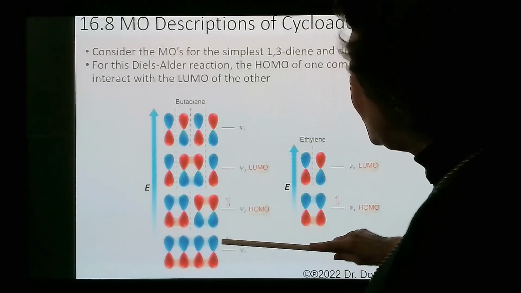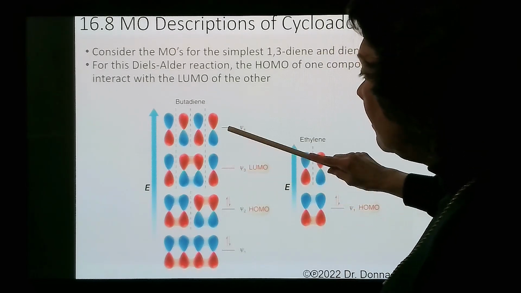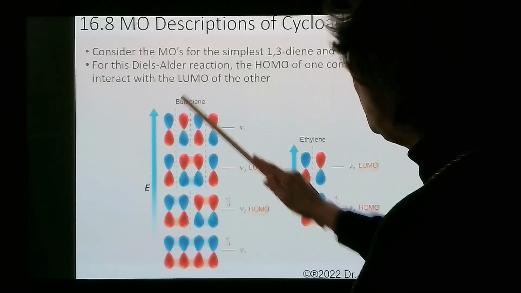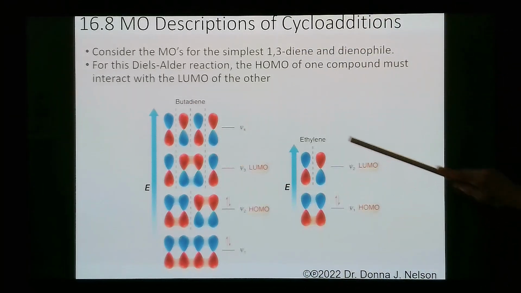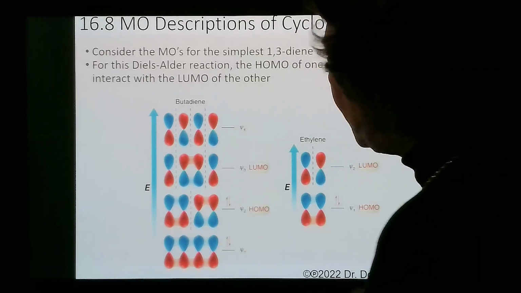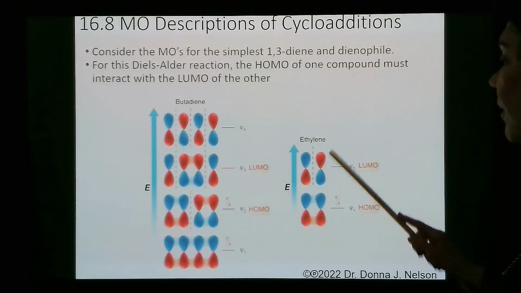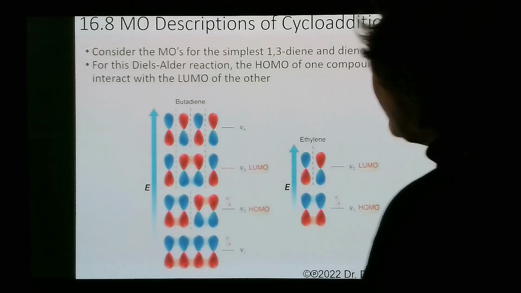So here you can see the 4 molecular orbitals of the butadiene and the 2 molecular orbitals of the ethylene. You can see the 4 pi electrons of butadiene and the 2 pi electrons of the ethylene.